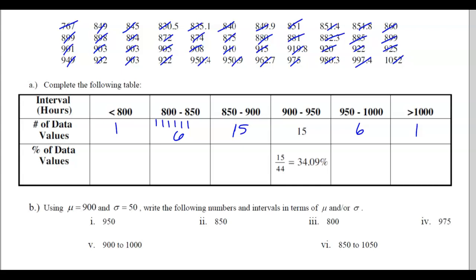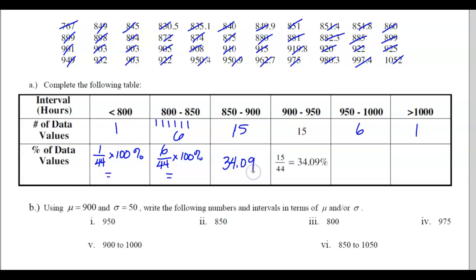Okay, so total of all the data values, there's 44, right? So you want to go 1 over 44 times 100%. 6 over 44 times 100%. And we're going to round to the nearest 2 decimal places, nearest hundredth of a percent. Obviously, this one's exactly the same.